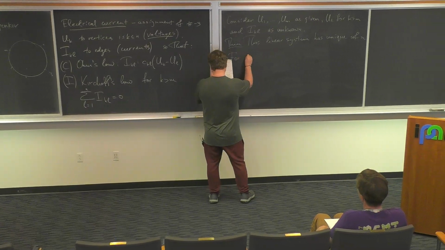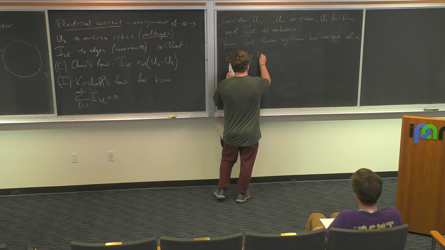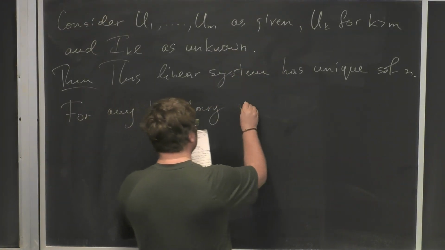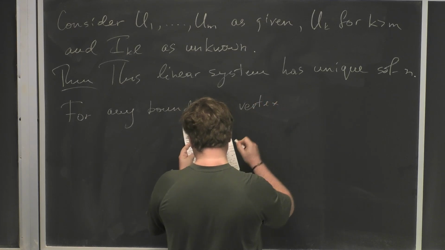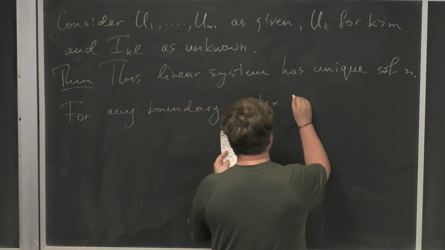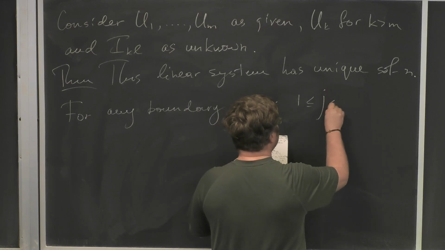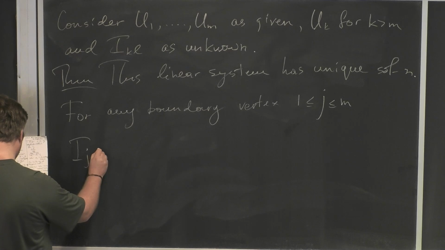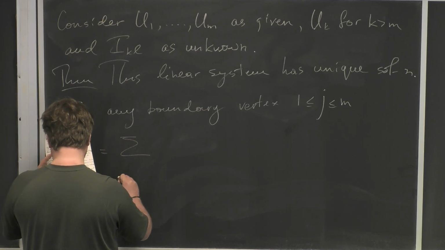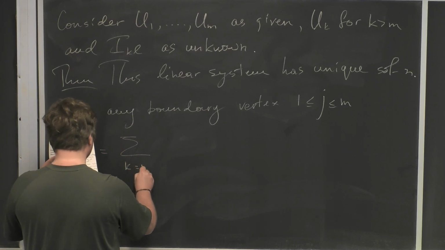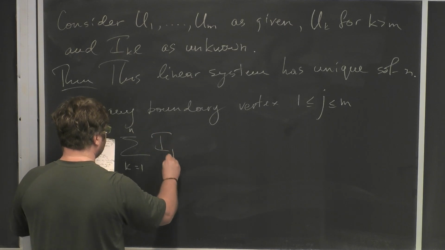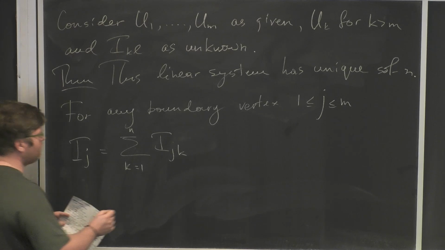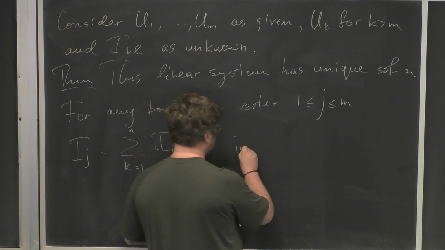So for any boundary vertex j between 1 and M, let's denote I_j to be the sum over all k of I_jk, and we will call it incoming current.